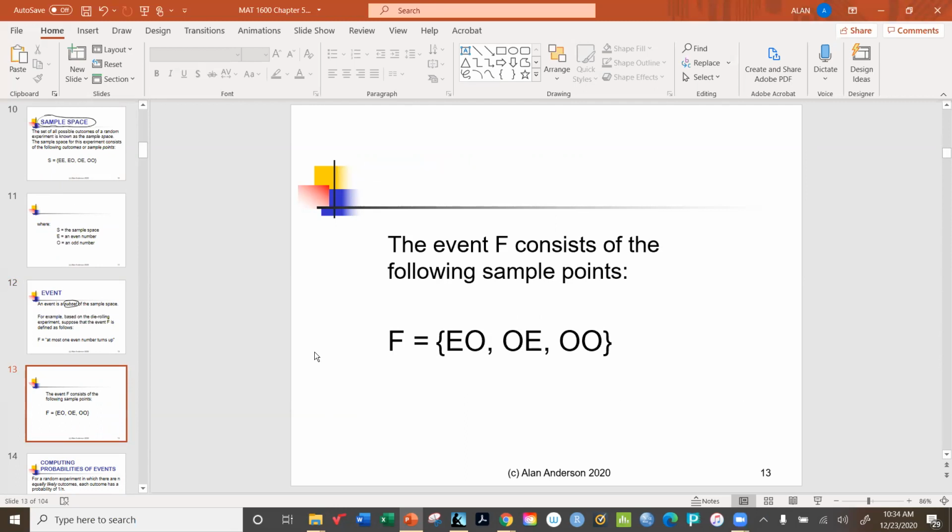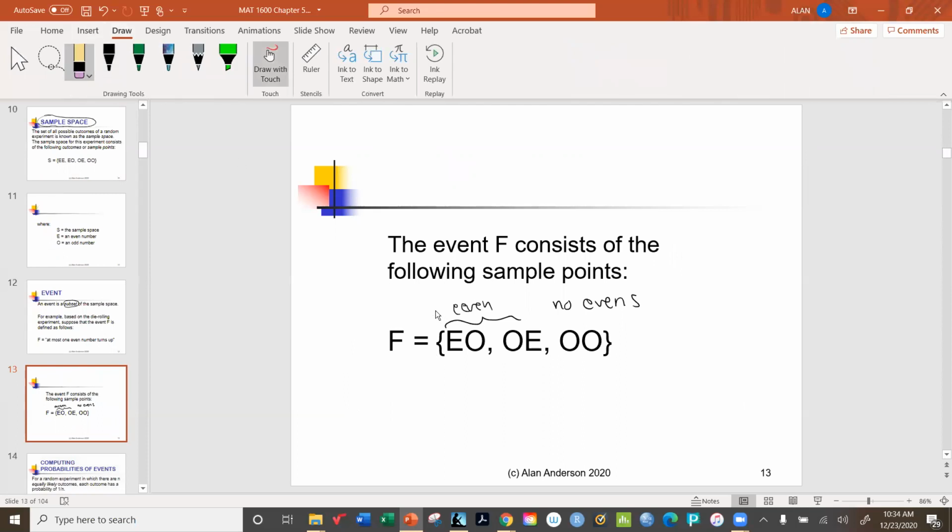Well, we've got all the cases where there's one even, and here we have no evens. Because we define this as at most one even, meaning 1 or none, you can see very clearly that F is a subset of S. And therefore, F qualifies as an event.